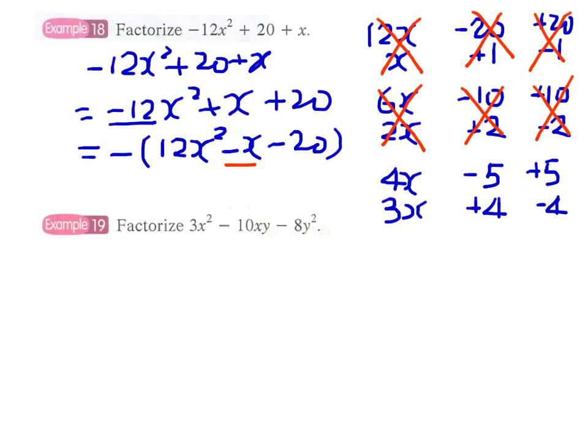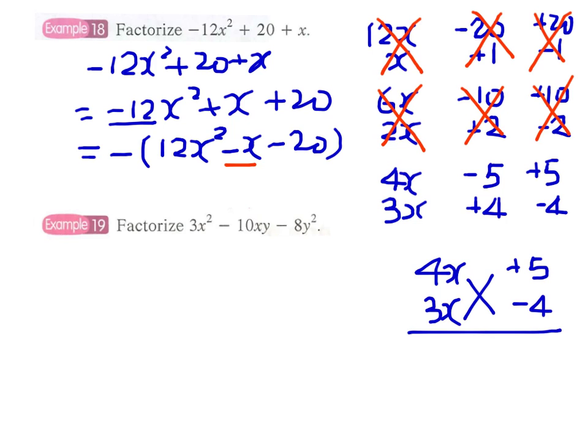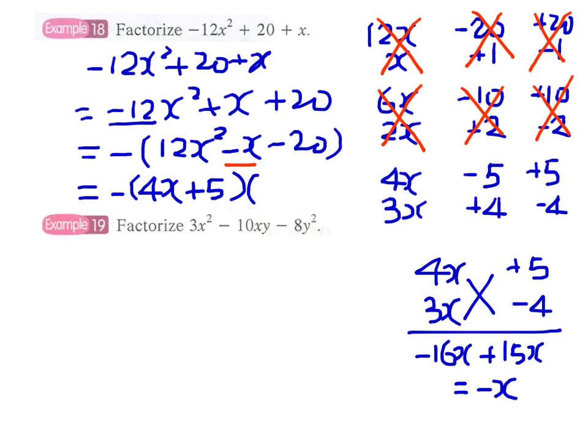And now we come up with the pair of factors like this. Plus 5 minus 4, minus 16x plus 15x giving minus x. And therefore now we can write the answer as 4x plus 5 times 3x minus 4.